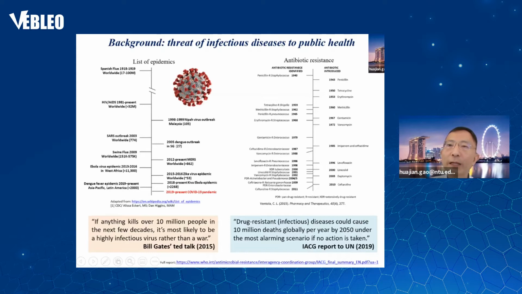The left panel shows the increasing emergence of drug-resistant bacteria. In fact, we're facing a crisis now. According to a UN report released in 2019, drug-resistant infectious disease could cause 10 million deaths globally per year by 2050 under the most alarming scenarios if no action is taken.